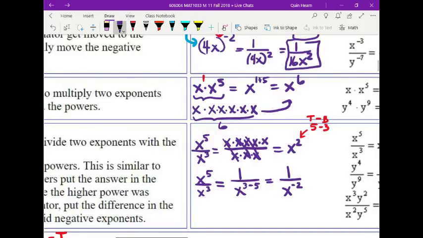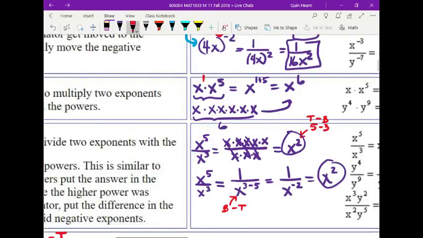So we are going to flip it over, and it still becomes x squared. So either way you work it, you're going to get to that final answer, the same if you do everything correctly. In this case, if you leave it in the bottom, you go bottom minus top. If you leave it in the top or as a whole number, you get top minus bottom.